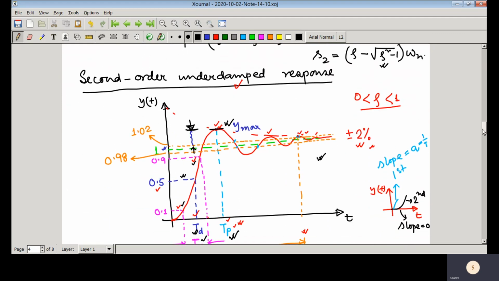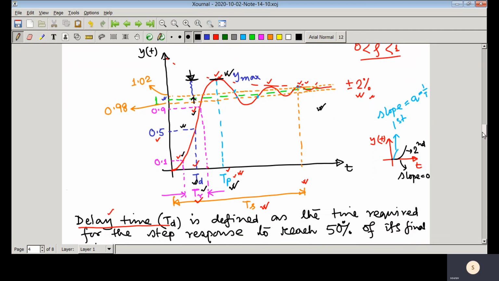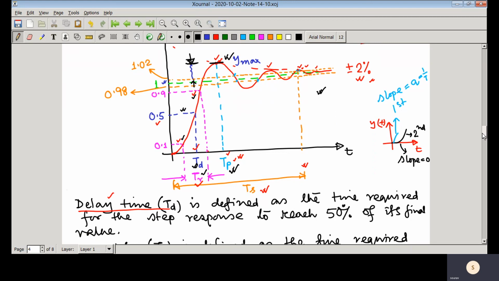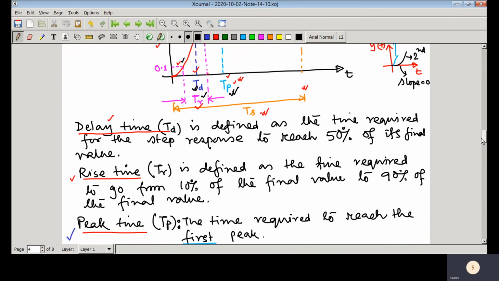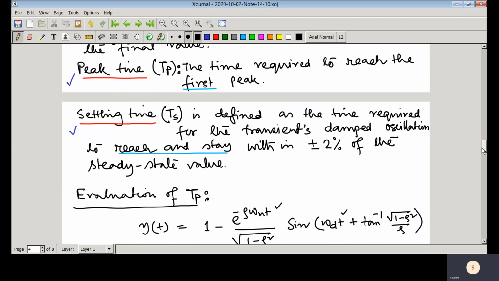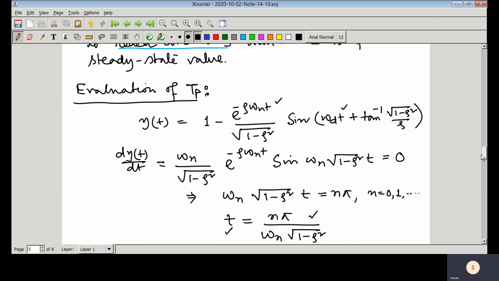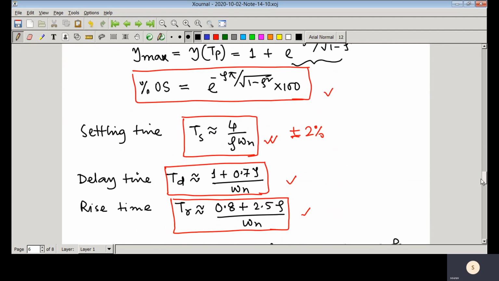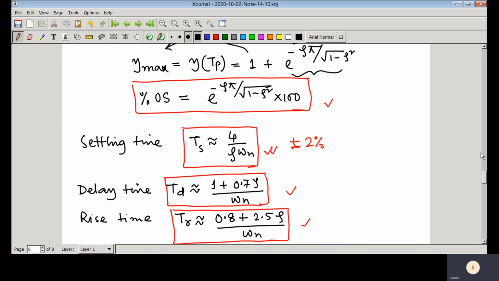And then we have concentrated on the second order underdamped response, and we have defined 4 different terms, that is the delay time, rise time, peak time, and settling time, and we have shown how to calculate those values. And also we have pointed out that for delay time and rise time, there is no explicit relationship with zeta, so we got those relationships just by getting some data points and fitting some curve to those data points.